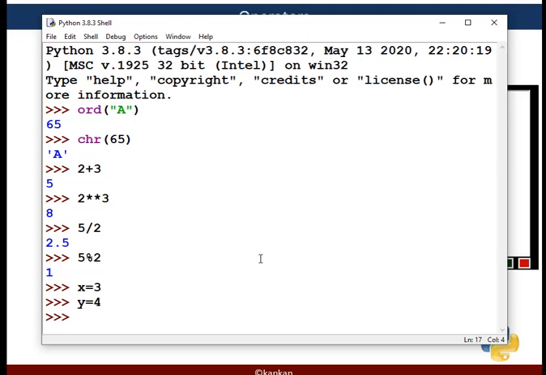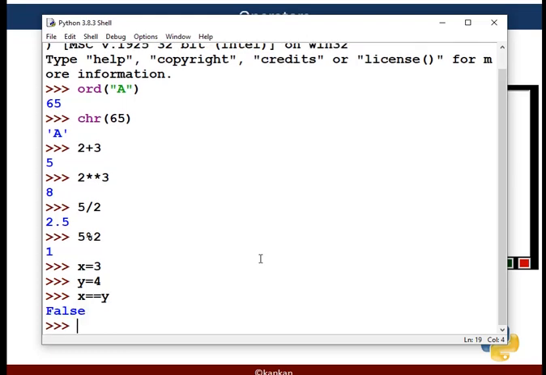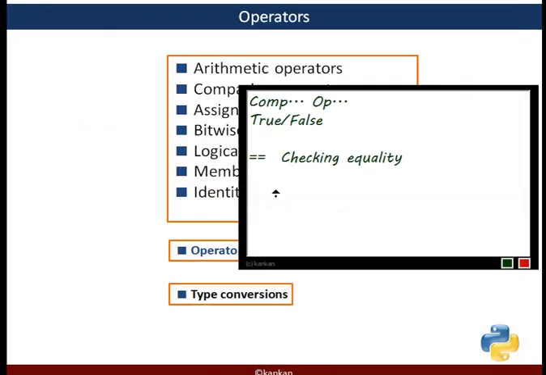Now test x equals equals y. This is not true, so it will produce the Boolean value false. Next is less than.